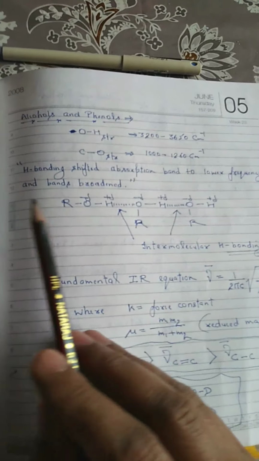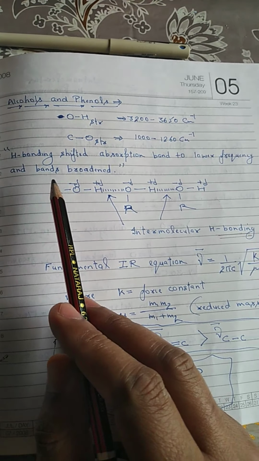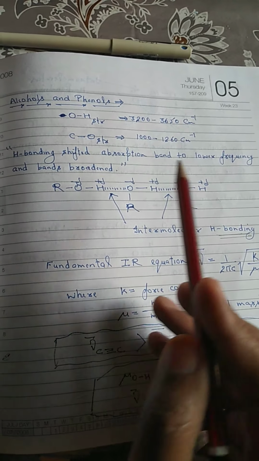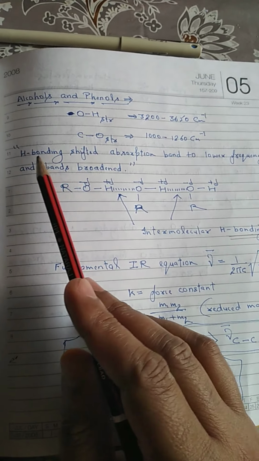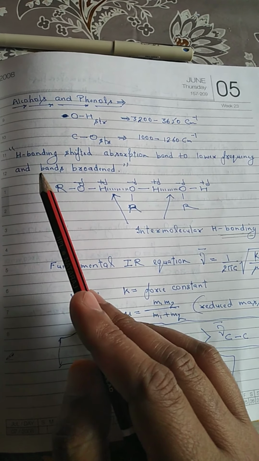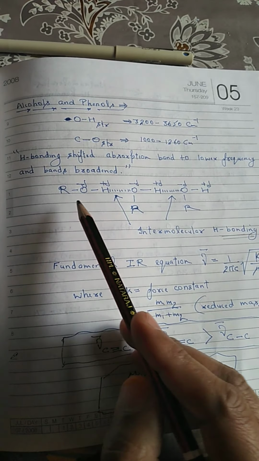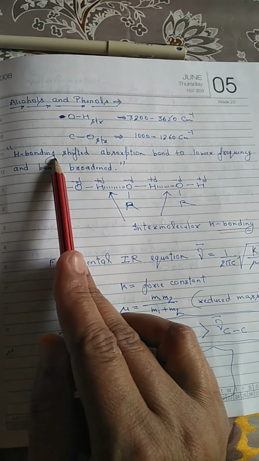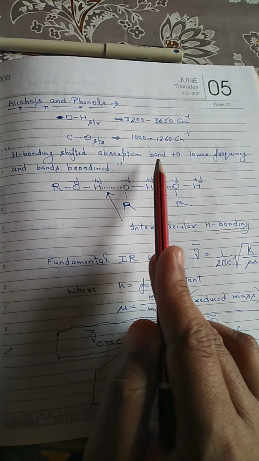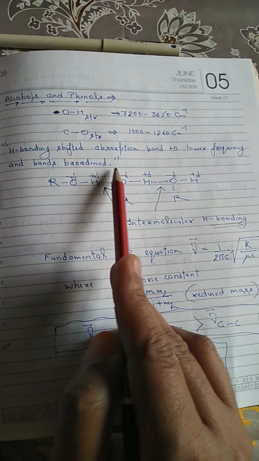The main application of IR spectroscopy is in the detection of hydrogen bonding. If hydrogen bonding is present in any compound, then we can confirm it from the IR spectrum. As we can see, hydrogen bonding shifts the absorption band to lower frequency and the bands broaden.